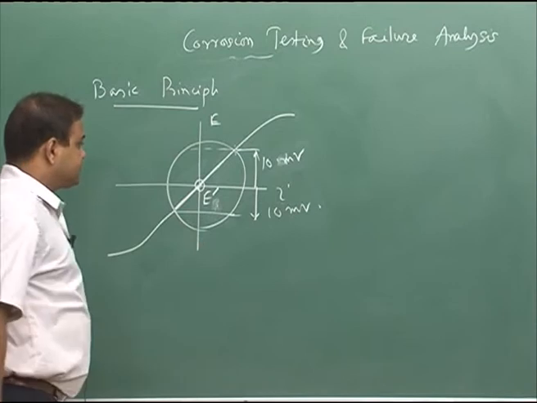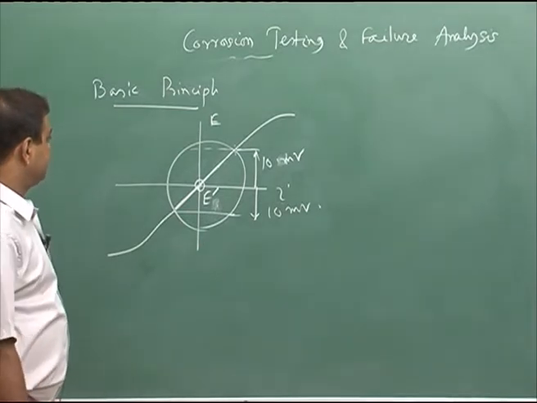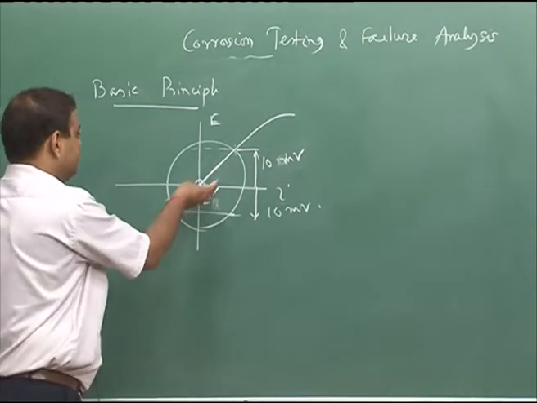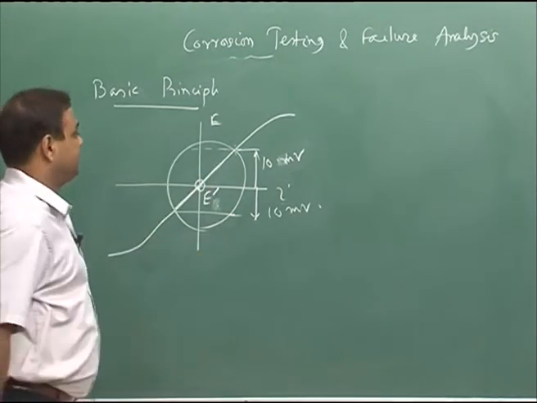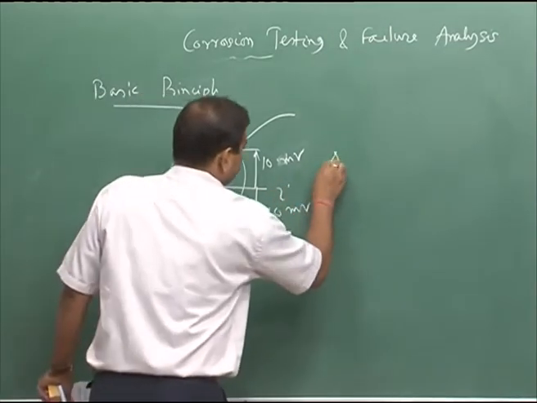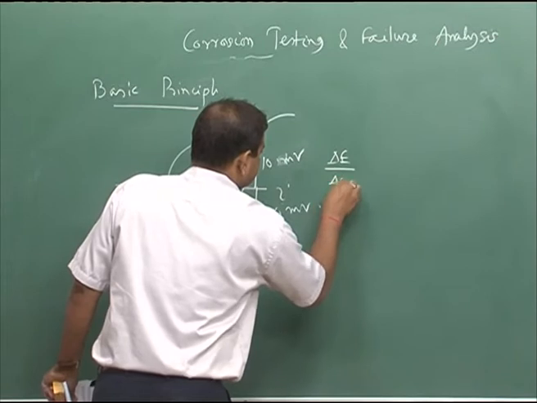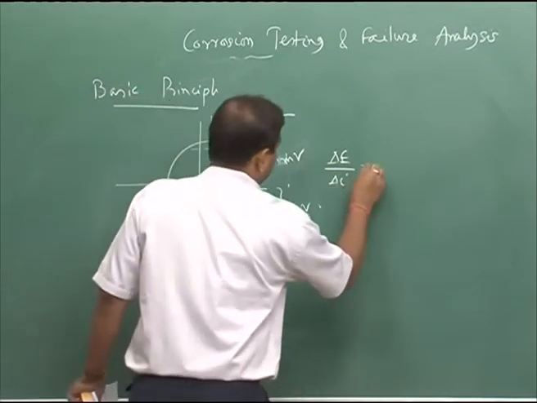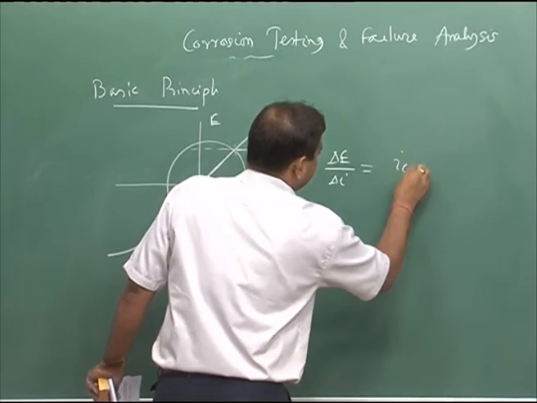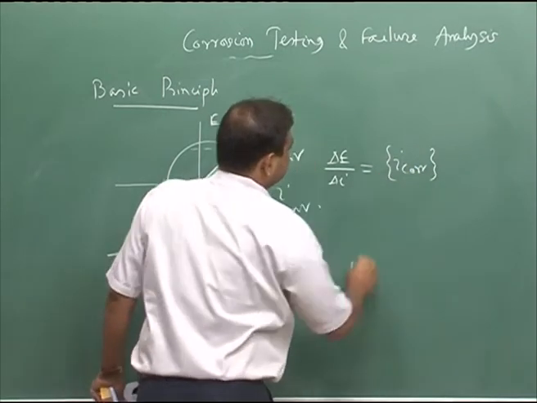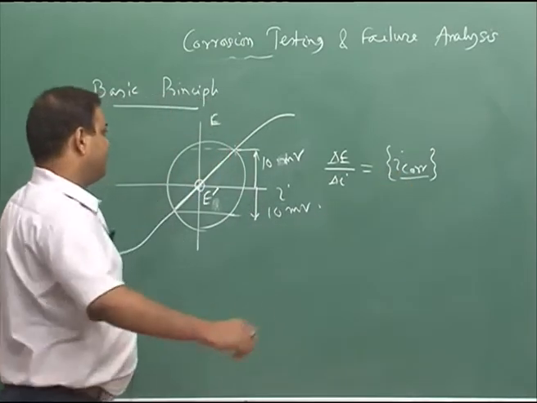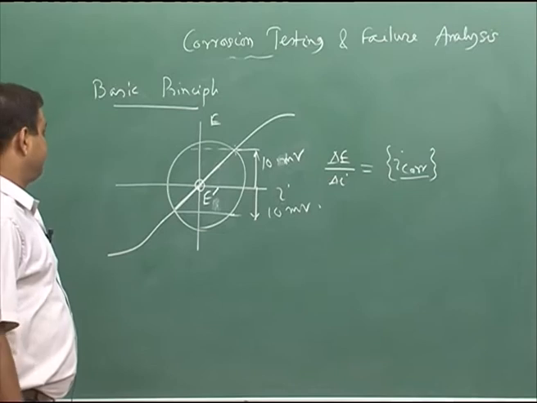Potential versus current density would be linear within that narrow range of 10 millivolt in the positive side as well as negative side, and the slope of this line, which is actually del E versus del I, would give information about I corr. So, once we know I corr, we can find out what is the corrosion rate of that metal.